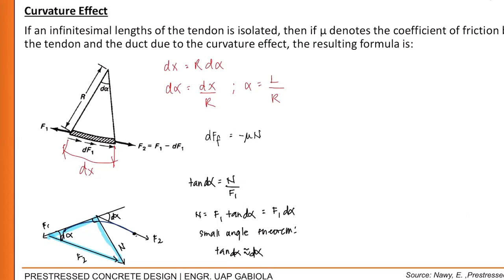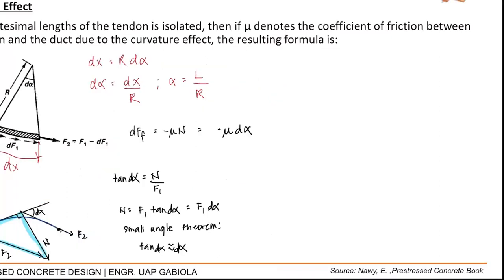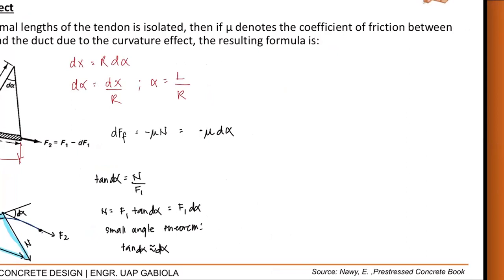Okay, so ayan, may value na tayo ng normal force. So, pwede natin siya i-substitute dito: negative mu d alpha. So, yan daw yung value natin. And when we try to integrate, kasi di ba differential equation to, dF over F is negative mu d alpha.